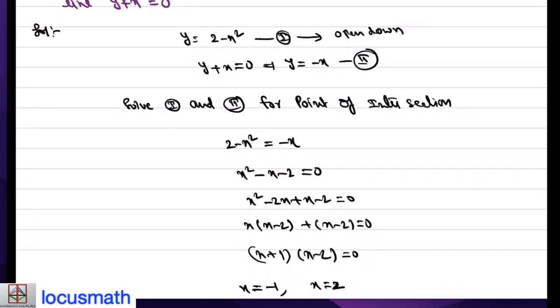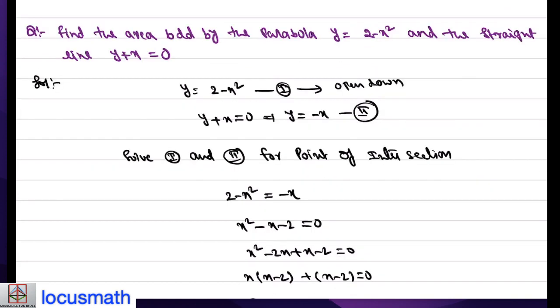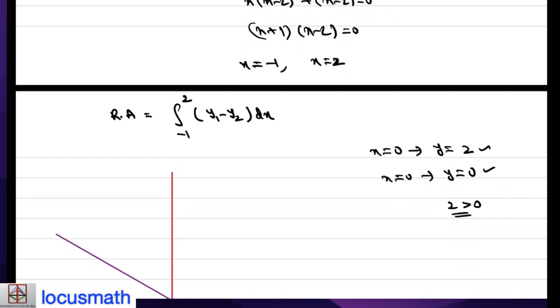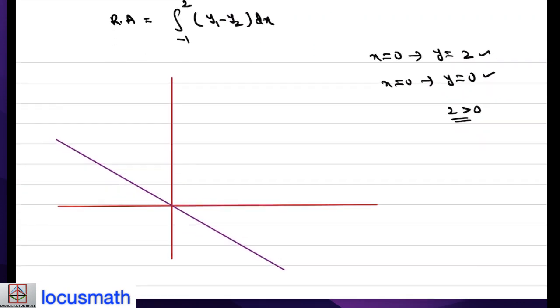Where does it intersect the y-axis? On the y-axis x is 0, it intersects at 0 comma 2. So here it intersects the y-axis at 0 comma 2 and is an open downward parabola. That's why the rough diagram will be like this.